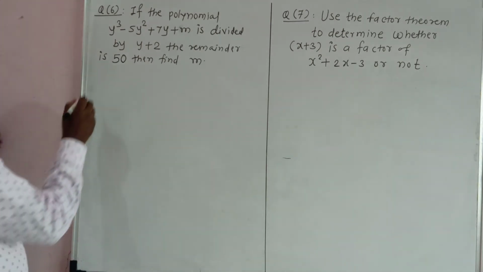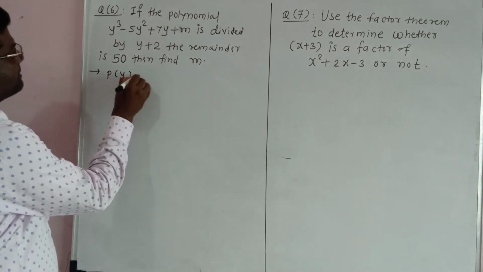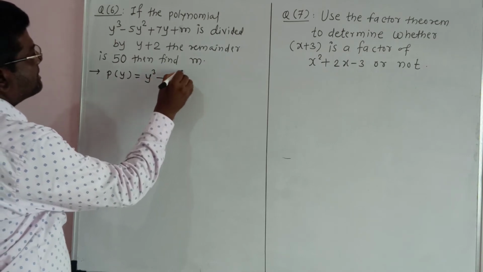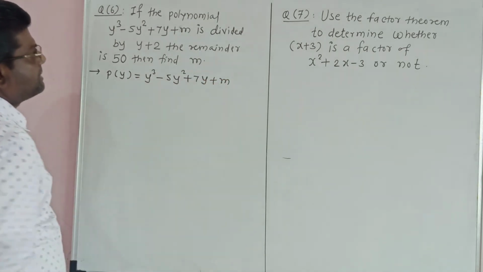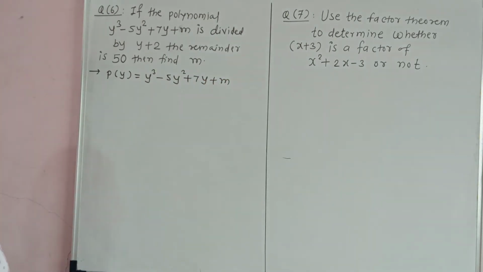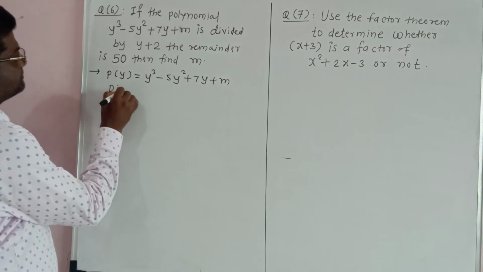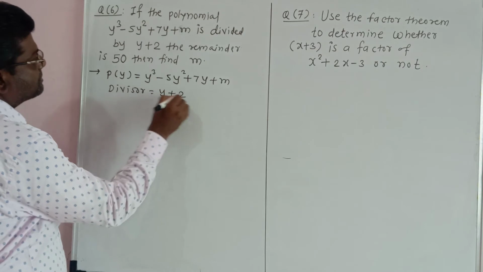Here the given polynomial is P of y is equal to y cube minus 5y square plus 7y plus m, and the divisor is equal to y plus 2.